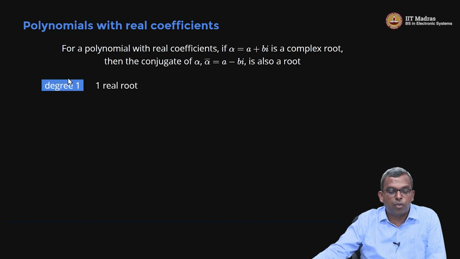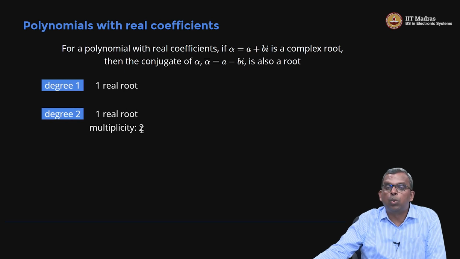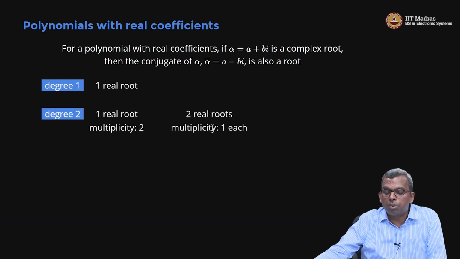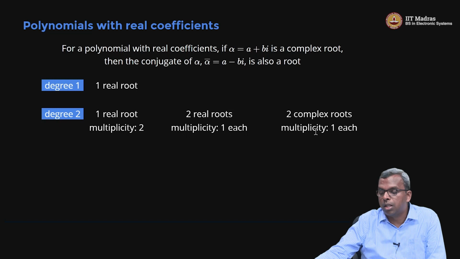So what this means is if you have a degree 1 polynomial with real coefficients, it has one real root. There's nothing much that can happen. If you have degree 2, you may have one real root with multiplicity 2, or two real roots with multiplicity 1 each, or two complex roots with multiplicity 1 each. When you have two complex roots, you cannot have multiplicity 2, because one and its conjugate are two different roots. These are the possibilities for a degree 2 real coefficient polynomial.